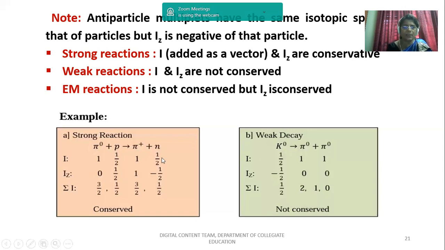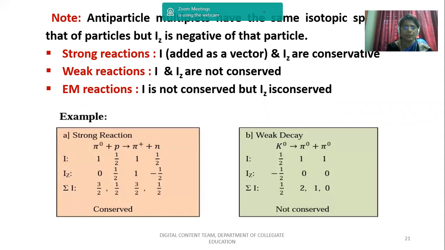Here I'm considering an example of a strong interaction where a neutral pion interacts with a proton, giving rise to a positive pion and a neutron. Write the corresponding total isotopic spin I and its projection Iz separately for both reactants and products, take their summation for each, and observe whether the reactant side and product side are the same or not.